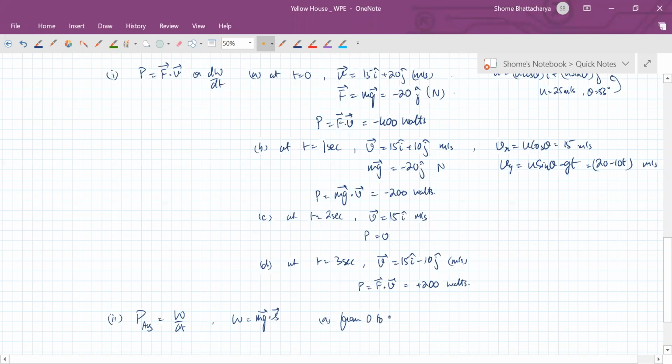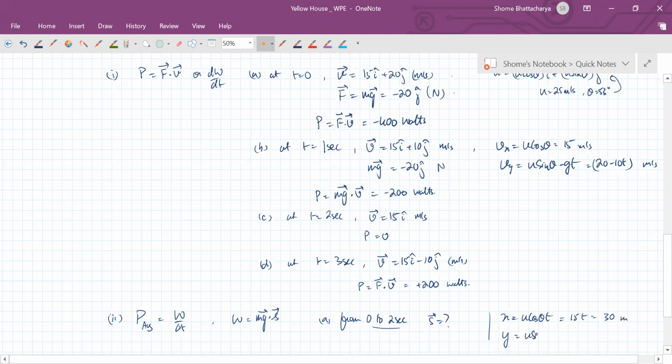Okay. So from 0 to 2 seconds, how to calculate the displacement? So you can see x is u cos theta t, which is 15t, which will become 30 meters. Okay.